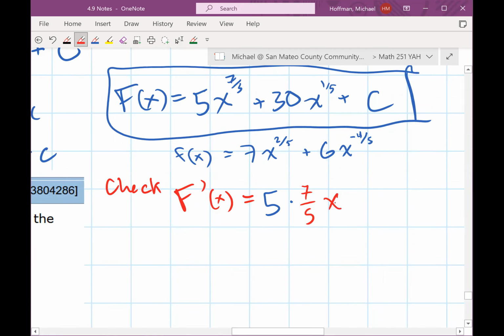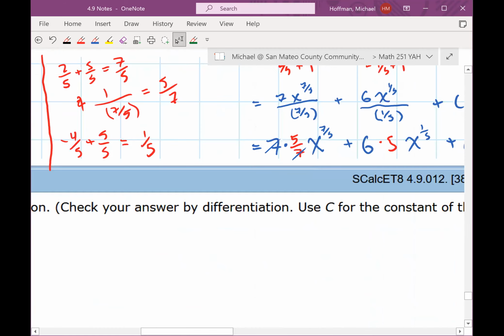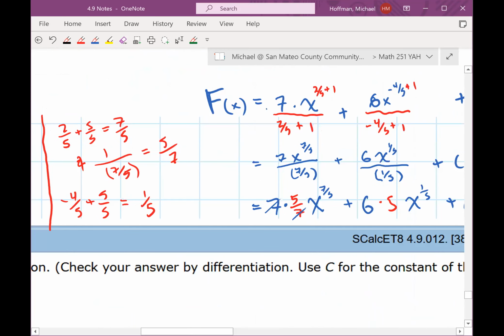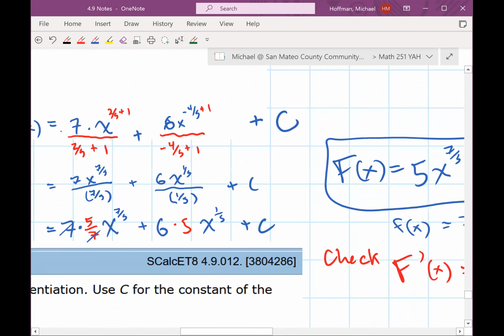And then we have x to the 7/5 minus 1, plus the negative 4/5 comes down. Hold on.